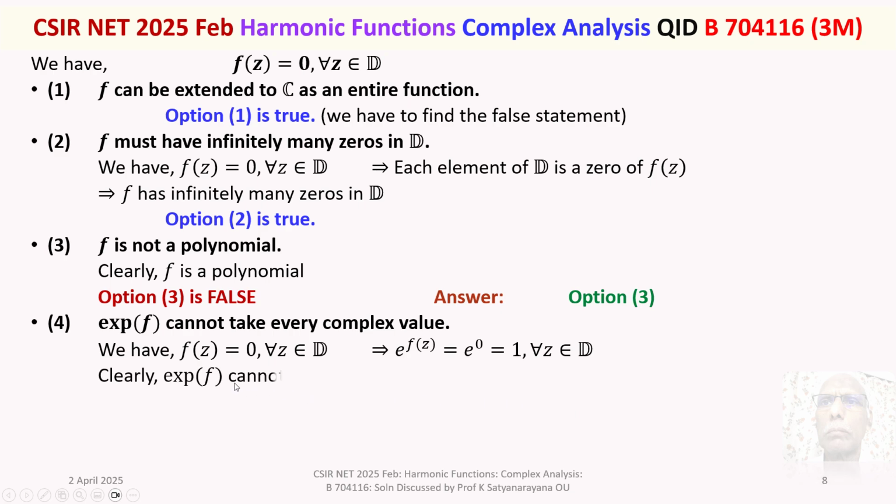So option 4 is true, and we have to find out that option which is a false statement, that is option 3. So the answer to this question is option 3.